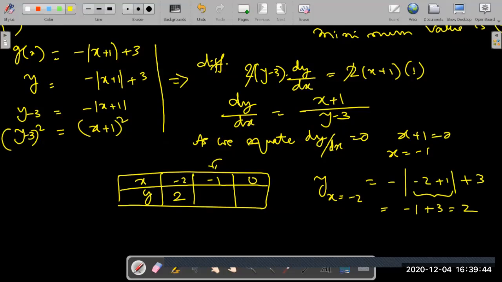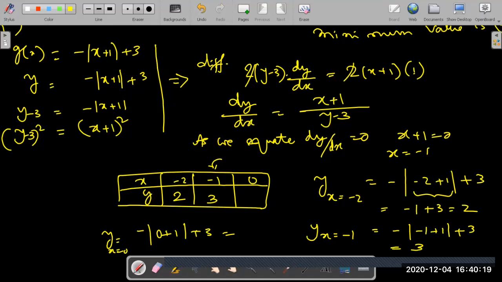At x equal to minus 1, you substitute, it's minus of minus 1 plus 1 plus 3, that's equal to 3. The third value, at x equal to 0, is minus 0 plus 1 plus 3, minus 1 plus 3, which is 2.